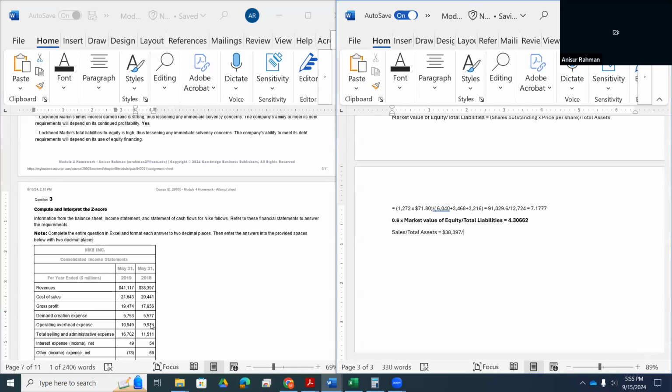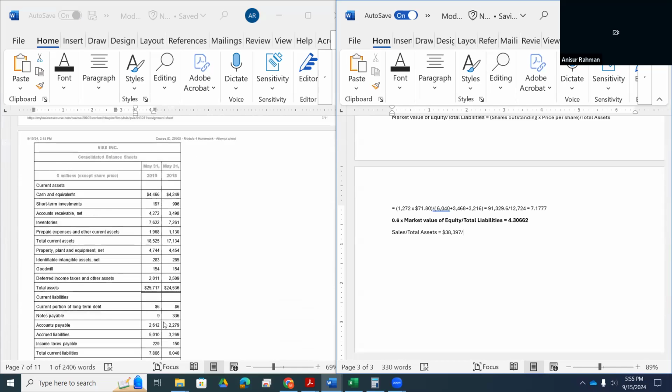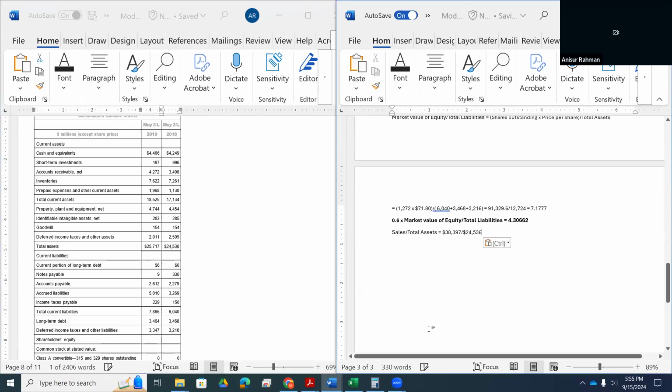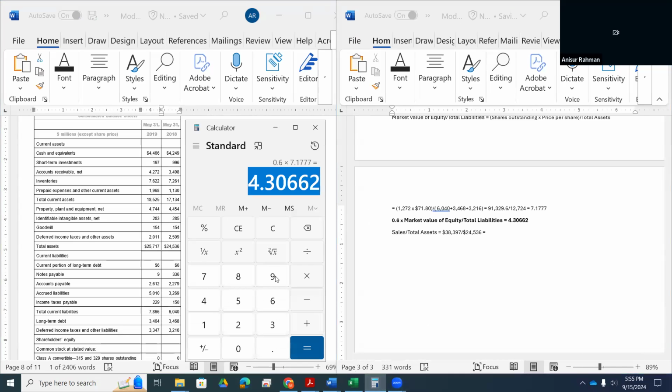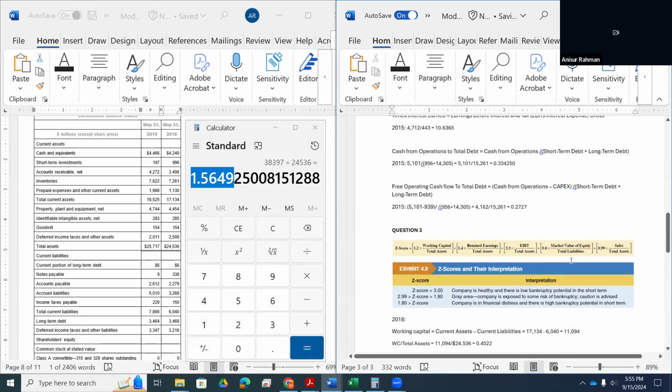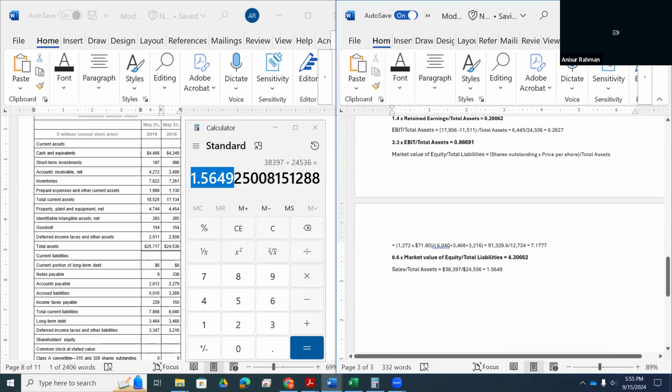Our total assets, 24,536. So we take this number and multiply by 0.99.